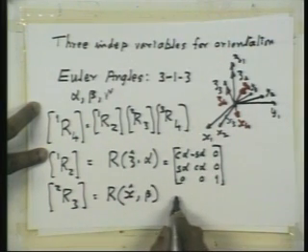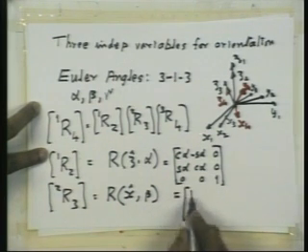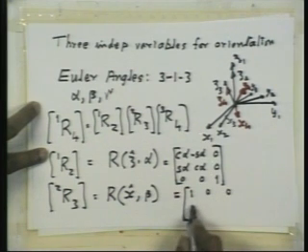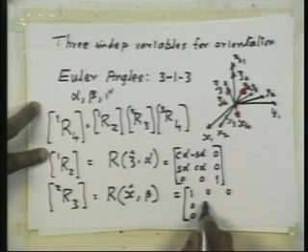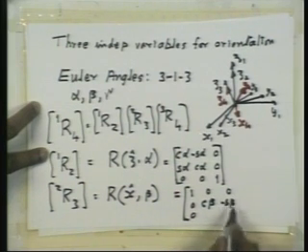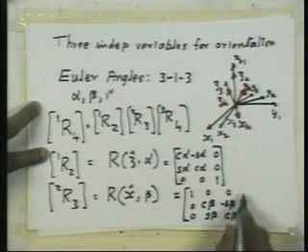So this you can write as 1, 0, 0; 0, cos beta, minus sin beta; 0, sin beta, cos beta.